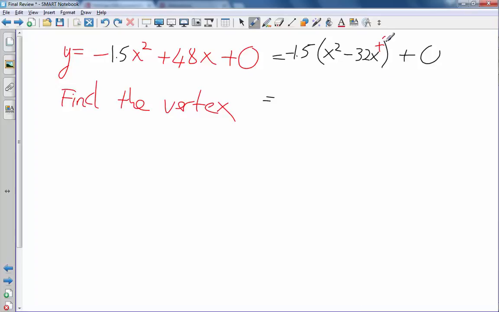That's right. How did you get it, Anthony? We take half of this and square it. The square of 16 is 256, right?